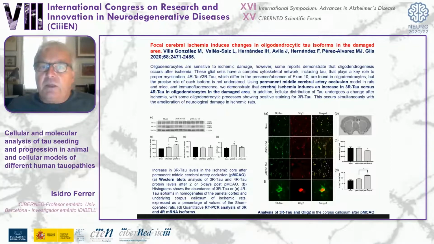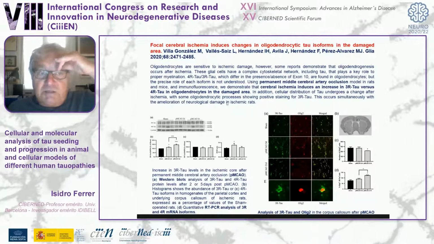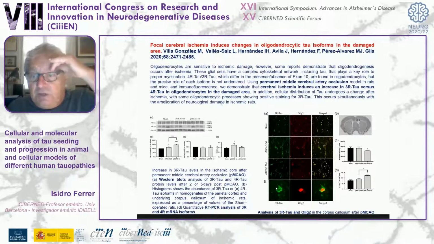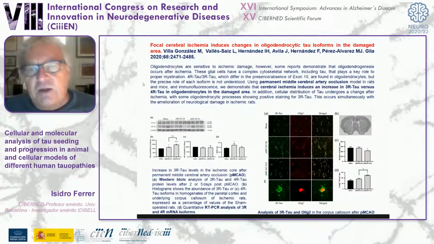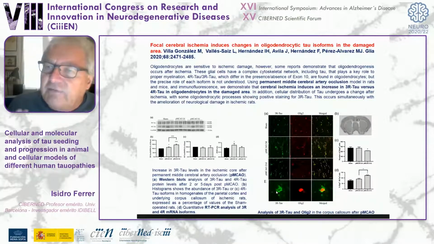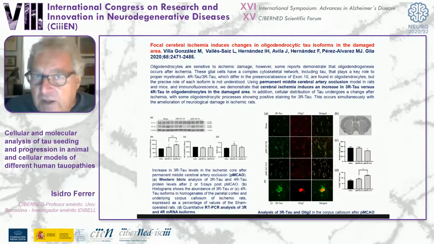And interestingly, in another study, which was not related to this one, the group of Jesus Avila demonstrated that following permanent middle cerebral artery occlusion in rats and mice, the oligodendroglial cells, which are located around the site of infarction, then show a shift in the expression of 4R versus 3R tau.